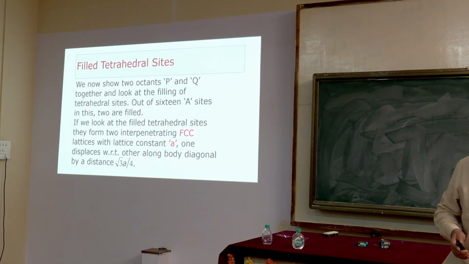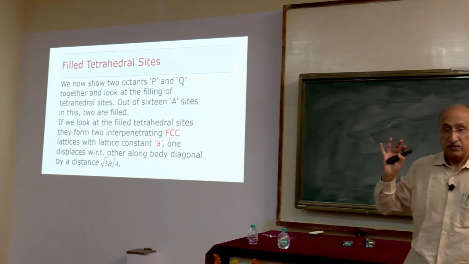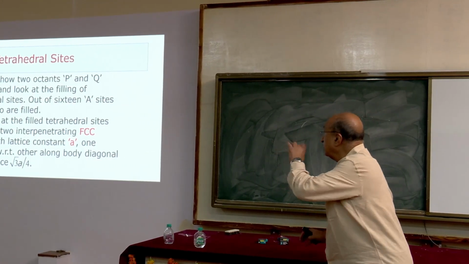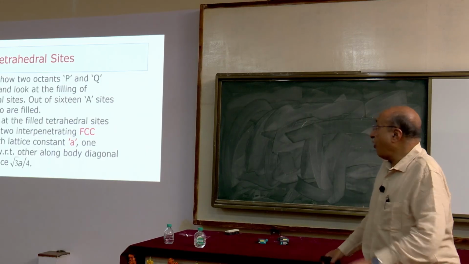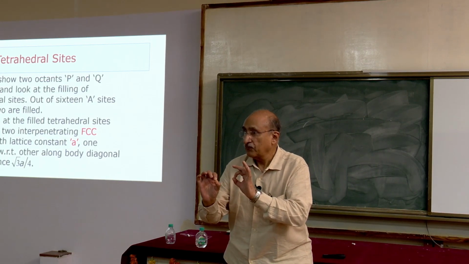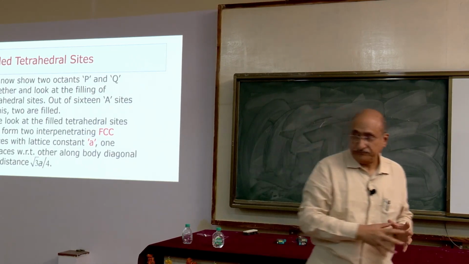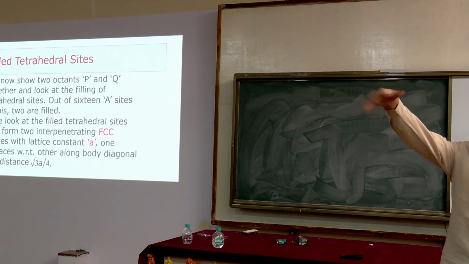We agree that this is the language I used for the diamond structure. It means if you forget about everything and just look at the positioning of the filled tetrahedral sites, they would form a diamond structure of lattice constant A, if nothing else would have been there.